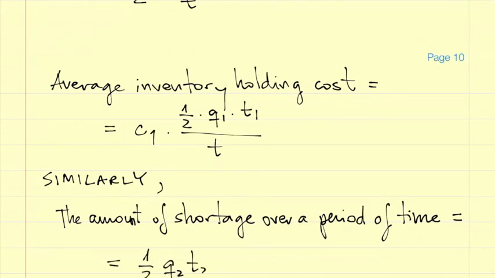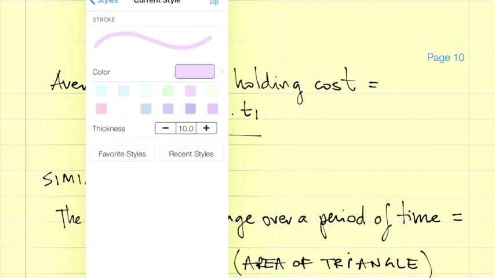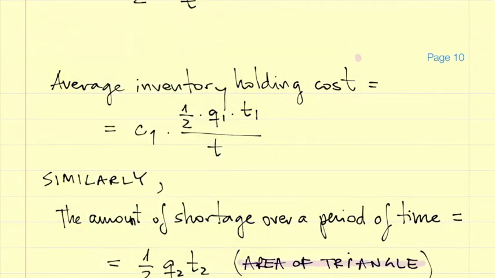This is the area of the triangle. I paint this triangle now violet, let's say, okay.